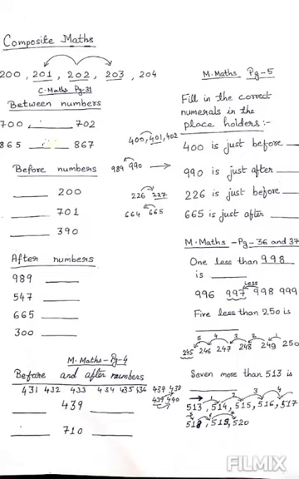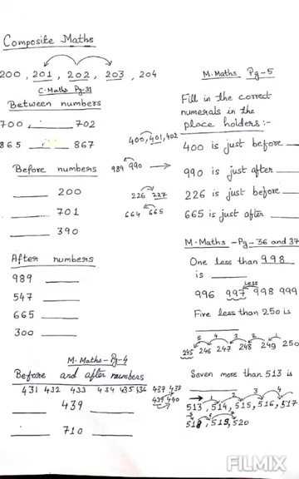What will be the number in between 865 and 867? Let us start counting. 865, 866, 867. So the number will be 866. So we will write down 866. Yes. In this process you will solve the between numbers.